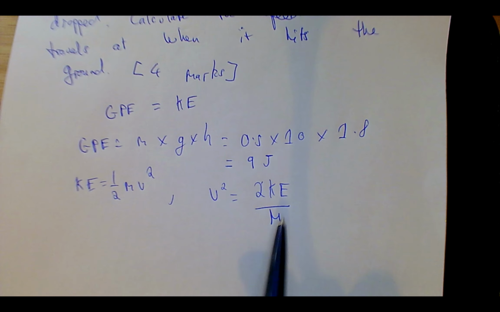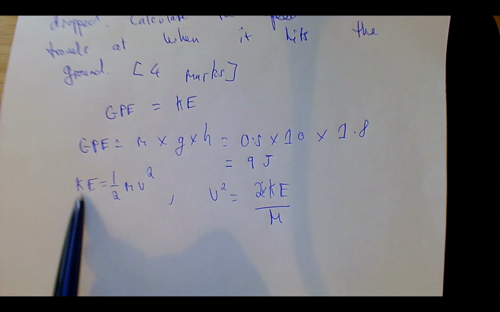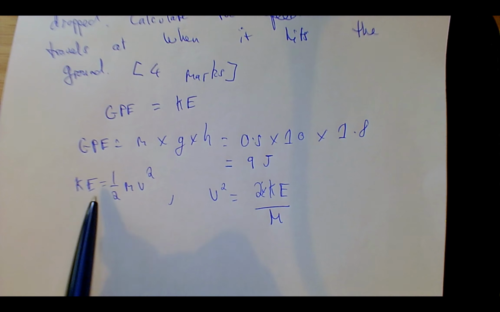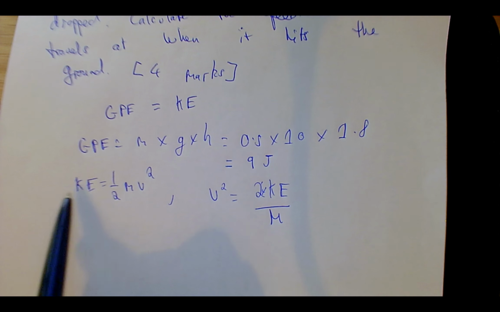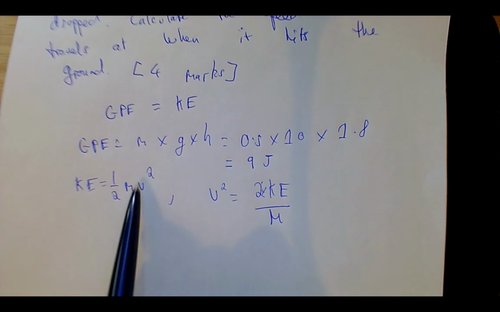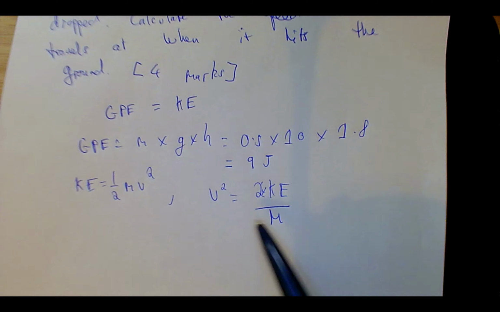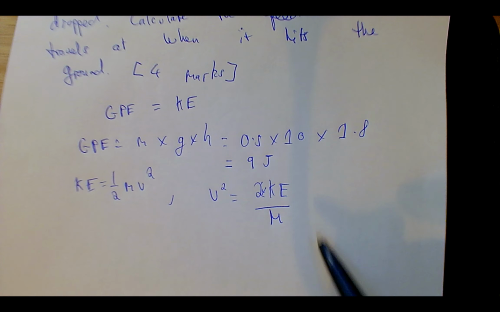I've taken a little jump there, because when we divide by a half, it's the same as timesing by 2. What I could have done is times the whole thing by 2, so we get 2 lots of KE equals mv squared. Then I'm going to divide by the mass. So at the moment I've got v squared, but this is the next tricky bit.